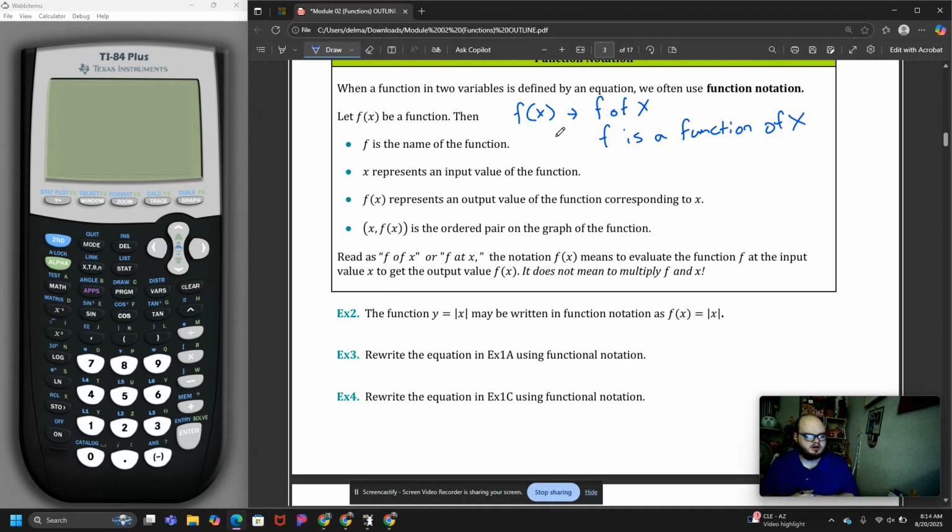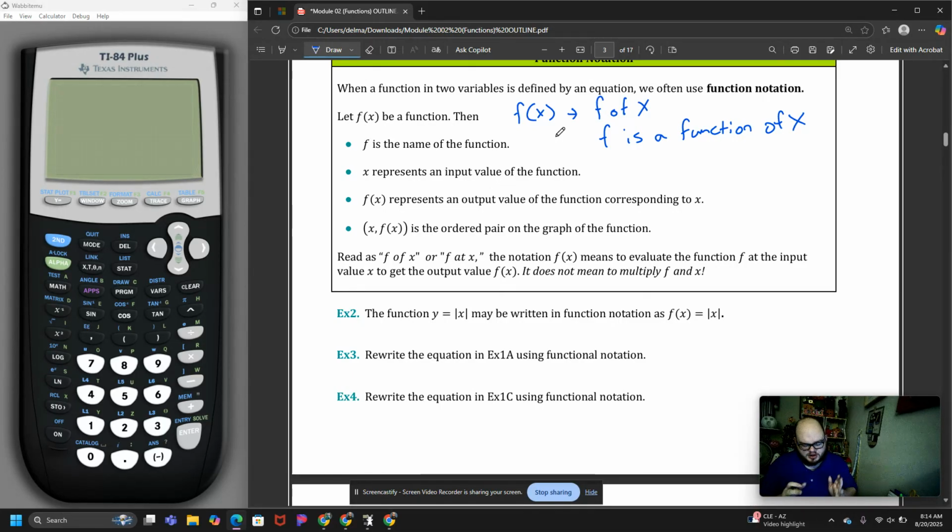So we just kind of say f of x as shorthand, but it's really saying f is a function of x. So f's doing something to x, right? It means to evaluate the function f at the input value x to get the output value. It does not mean to multiply f and x. Okay, so that's an important note.